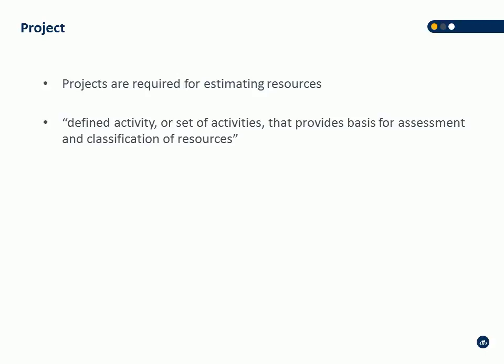It's the full scope of everything from the development costs, operating costs, and expenditures, through to the oil and gas assets associated with those costs. This project concept is what COGEH and PRMS revolve their definitions and classifications around. The official definition is a defined activity or set of activities that provides the basis for assessment and classification of resources.